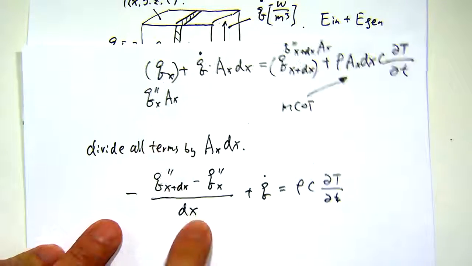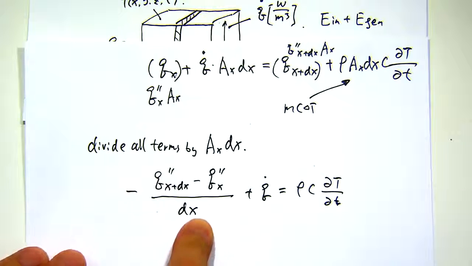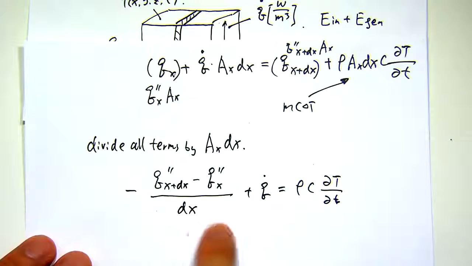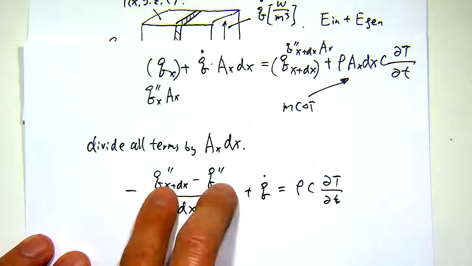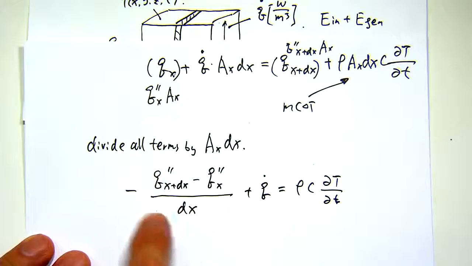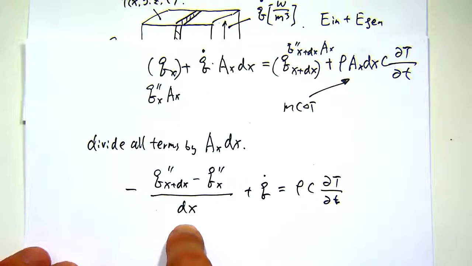So this one I can further simplify. And what I'm going to do here is something I'm going to use a few times later on, and you want to remember it very well. If you're looking at this term, this is a small change in heat flux across the dx, then divided by the dx.